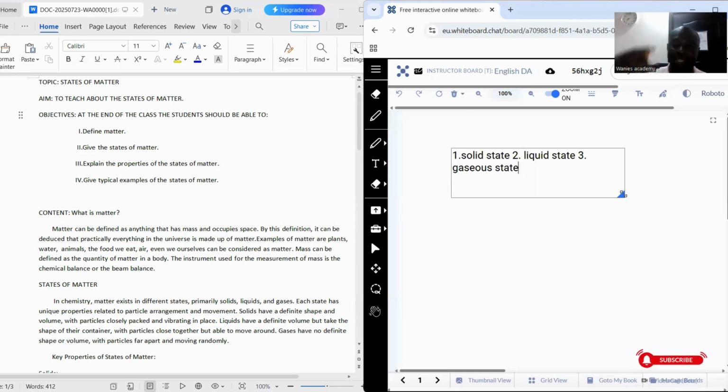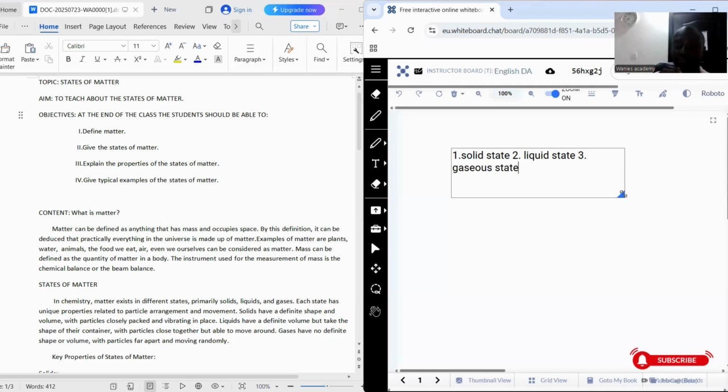I want to quickly pick each state of matter and explain its typical characteristics. Now, let's look at the solid state of matter. Firstly, bear in mind that all these states of matter are made up of particles, either in the form of atoms, molecules, or ions.